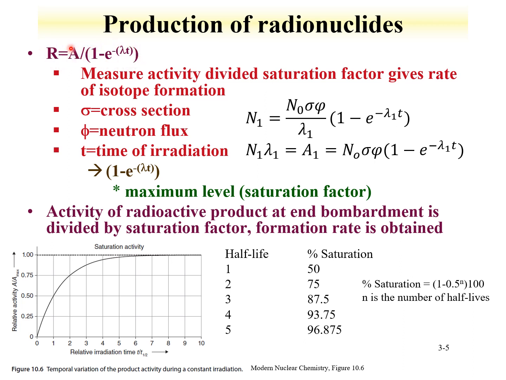That'll provide the rate of formation, and that should be the same rate of formation value as calculated from the equations on the previous slide. Since the measured activity divided by the saturation factor yields the isotope formation rate, one could evaluate cross-sections, fluxes, and target information using experimental data from an irradiation, as we discussed in the previous slide.